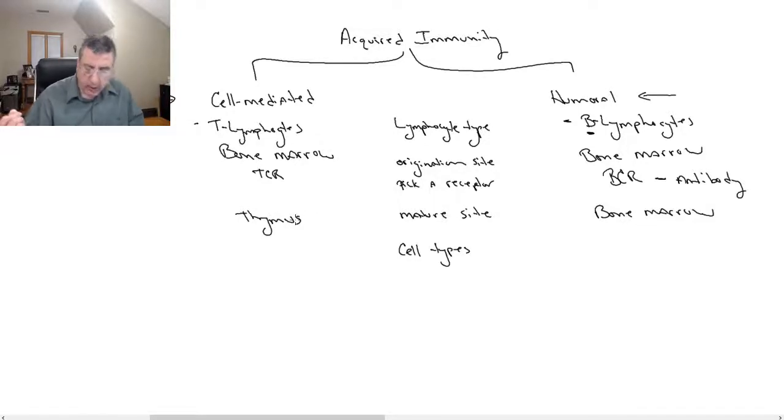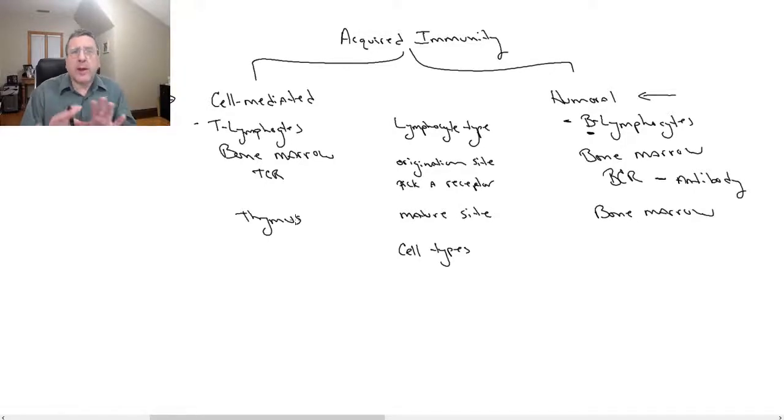So that's where they're going to mature or go to school. This is where they're being educated on how to identify a specific antigen. Once they go through this school, they are going to end up transitioning into various cell types.